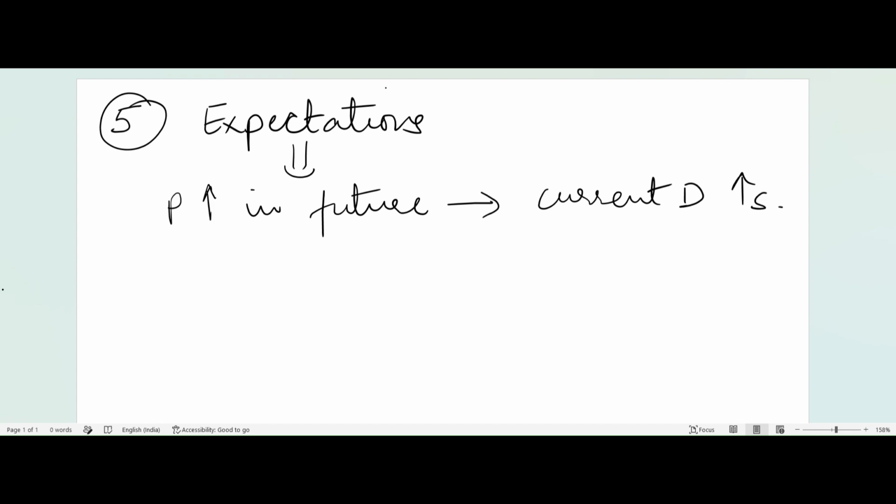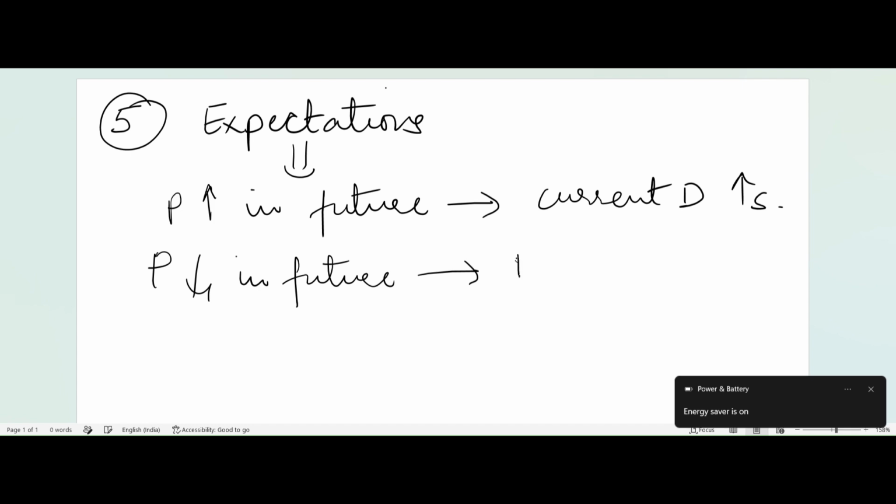Similarly, if I'm expecting prices to go down in the future, I'll hold back my demand right now and buy more in the future. So my demand in the future will increase.